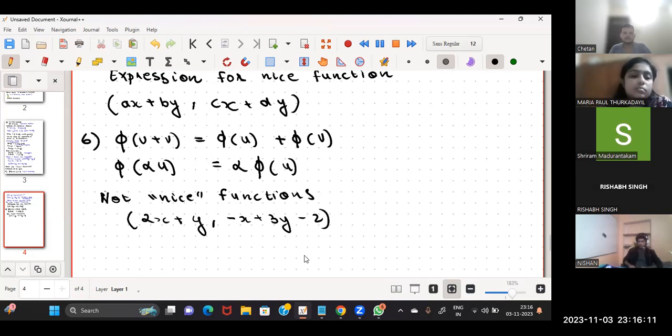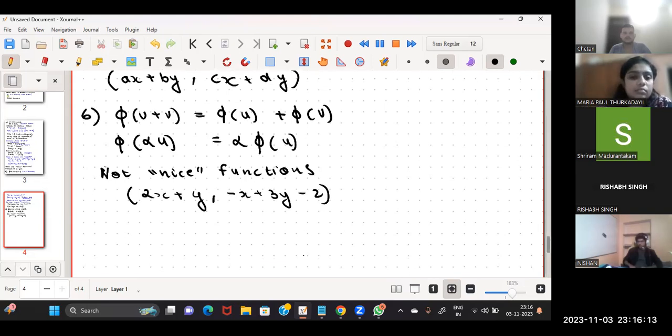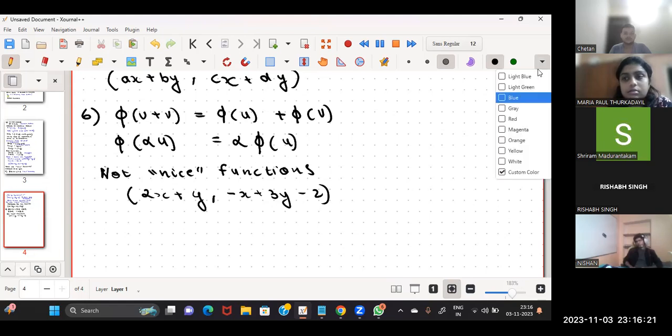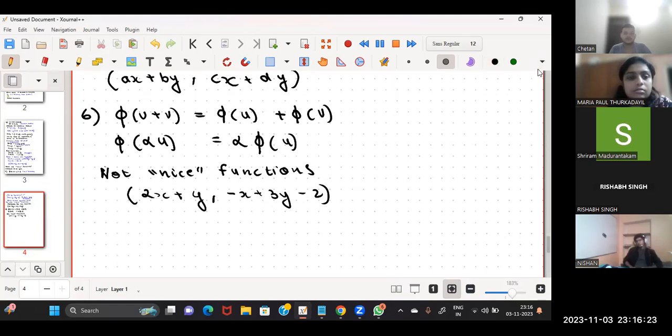Maria, can you input these and write down the whole thing? What do you mean input these? To the first condition, just show whether it's satisfying the first condition or not. So phi of u plus v is equal to phi of u plus phi of v.